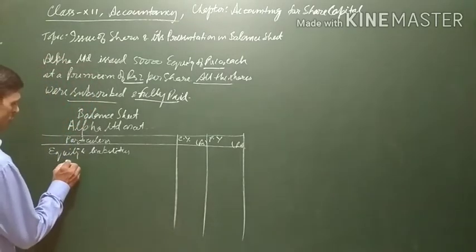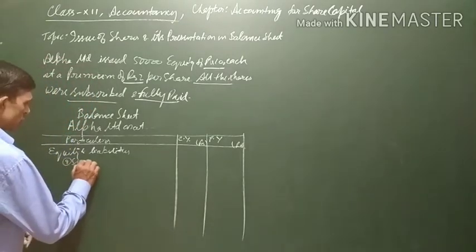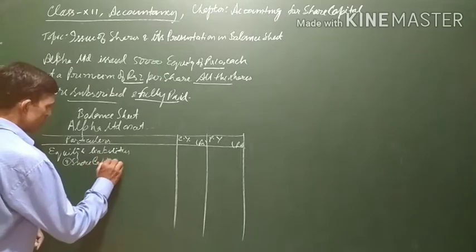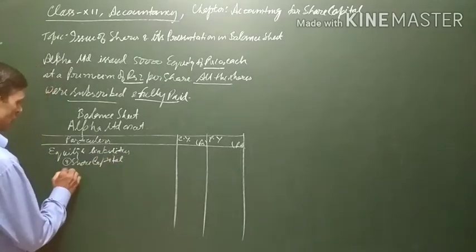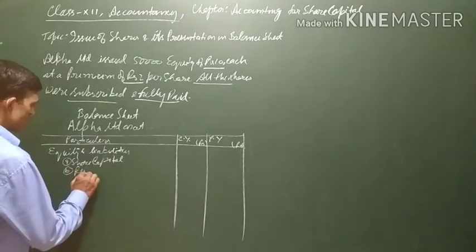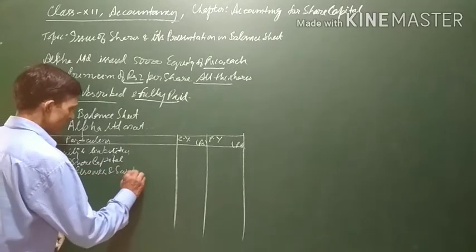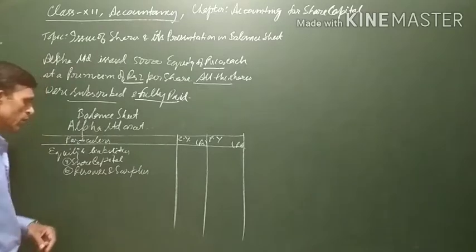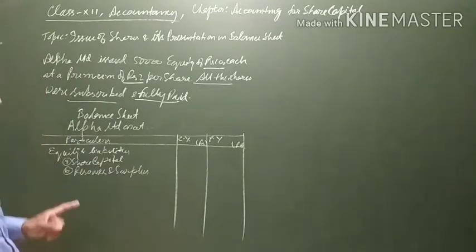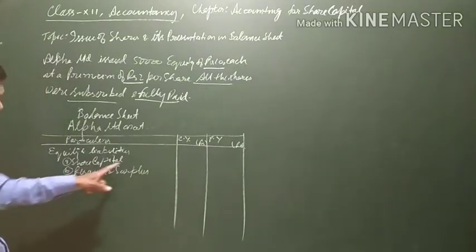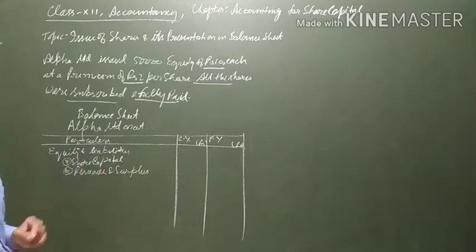Under equity and liabilities, first is A, share capital, and next, B, is reserve and surplus. These are the two relevant things under equity and liabilities.